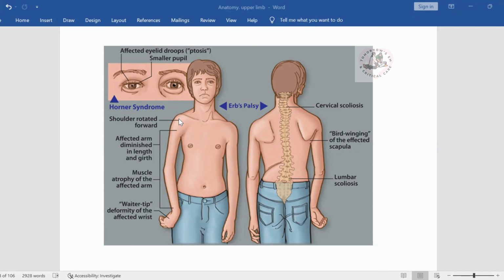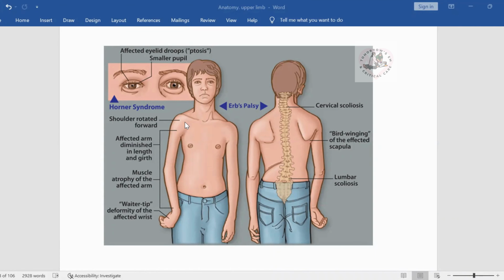What muscles are injured here? Which nerves originate from C5 and C6? Two nerves: axillary and musculocutaneous. Axillary supplies the deltoid muscle, so there should be gross deltoid atrophy. Clear? What's the function of deltoid? The function of deltoid is arm abduction, 15 to 90 degrees.